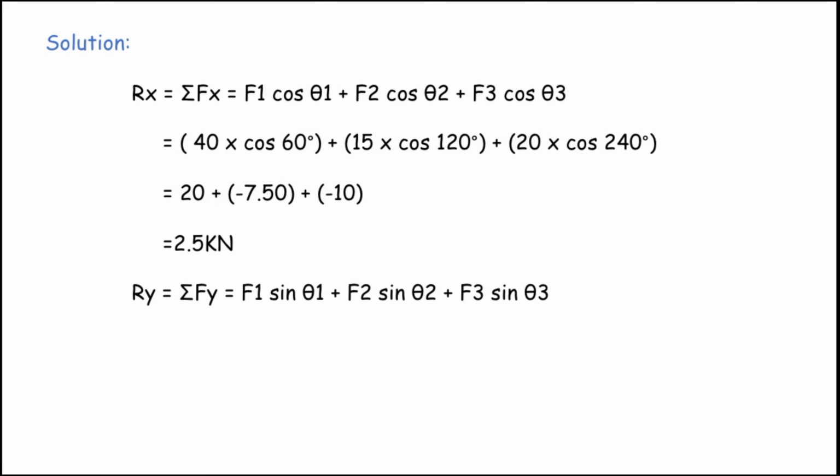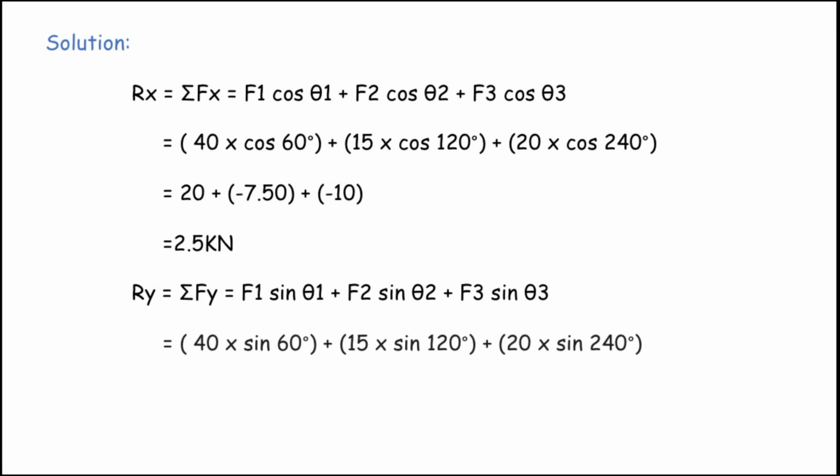From the y-axis, the summation of Fy equals F1 sin theta 1 plus F2 sin theta 2 plus F3 sin theta 3. We are using sin because we are looking along the y-axis. Substituting, 40 into sin 60 plus 15 into sin 120 plus 20 into sin 240 degree. The value of 40 into sin 60 is 34.641, 15 sin 120 is 12.999, and 20 into sin 240 is minus 17.32.